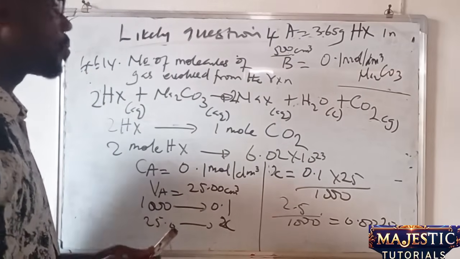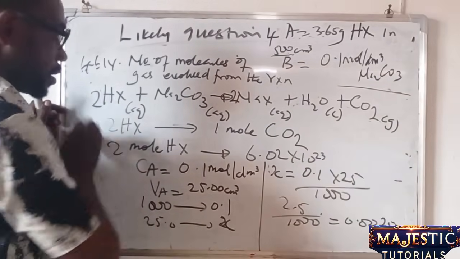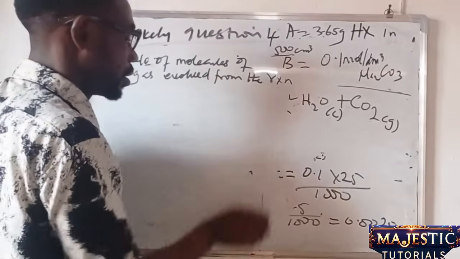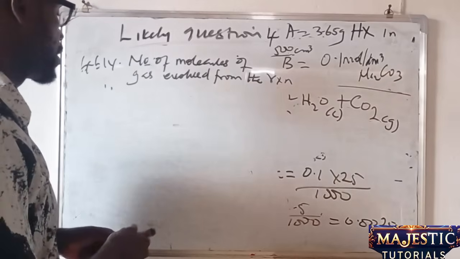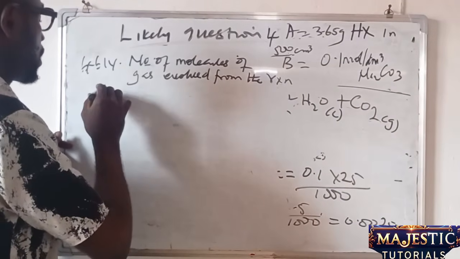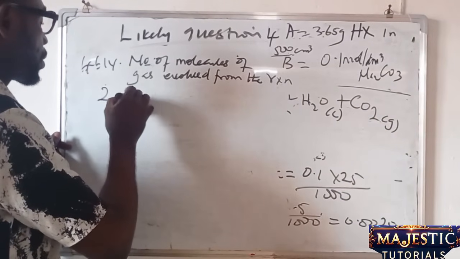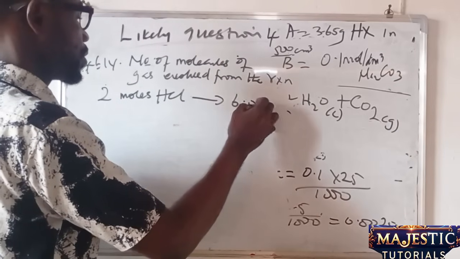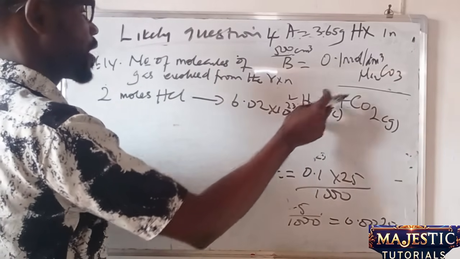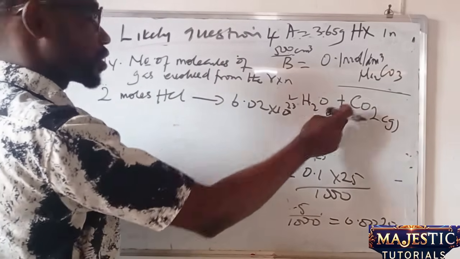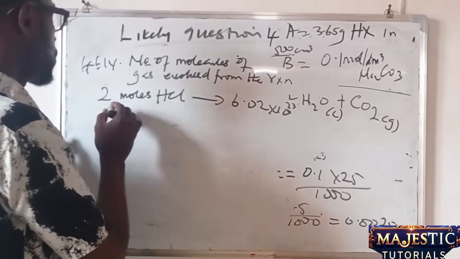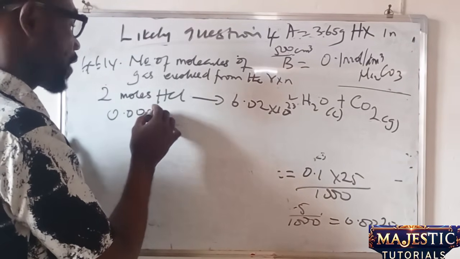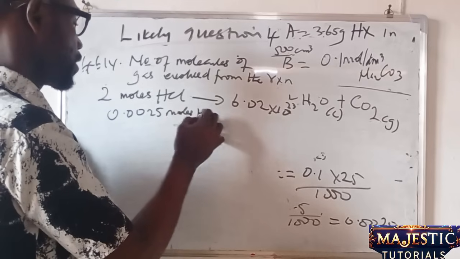We now come back from the equation. We have that 2 moles HCl contains 6.02 times 10 raised to the power 23. Remember, if there is 2 behind that CO2 in the equation, we times this thing by 2. So how many molecules will be in 0.0025 moles of the same HCl?